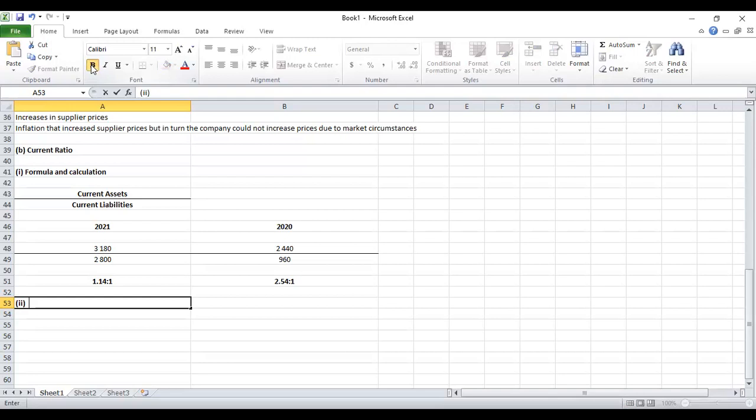It measures the ability of the entity to meet its short-term debts using short-term, or immediately available, resources.